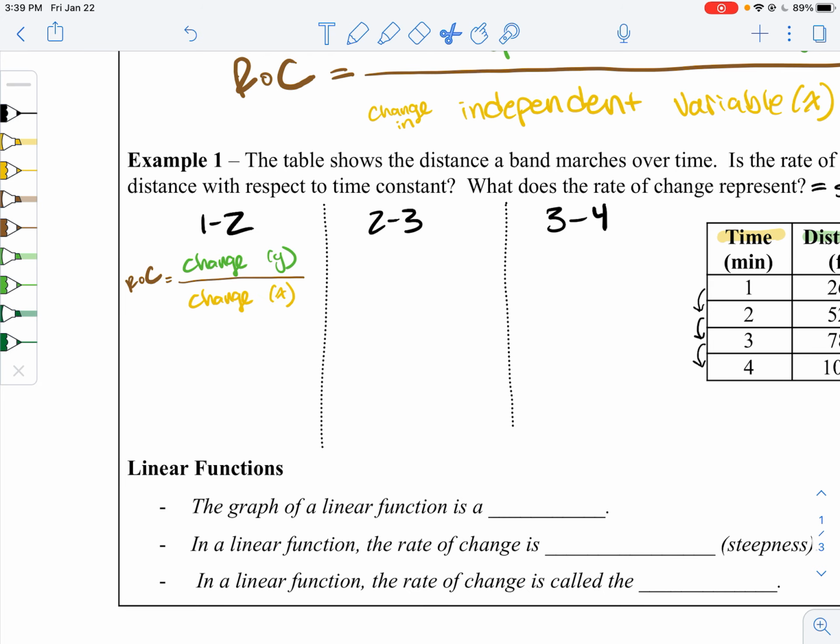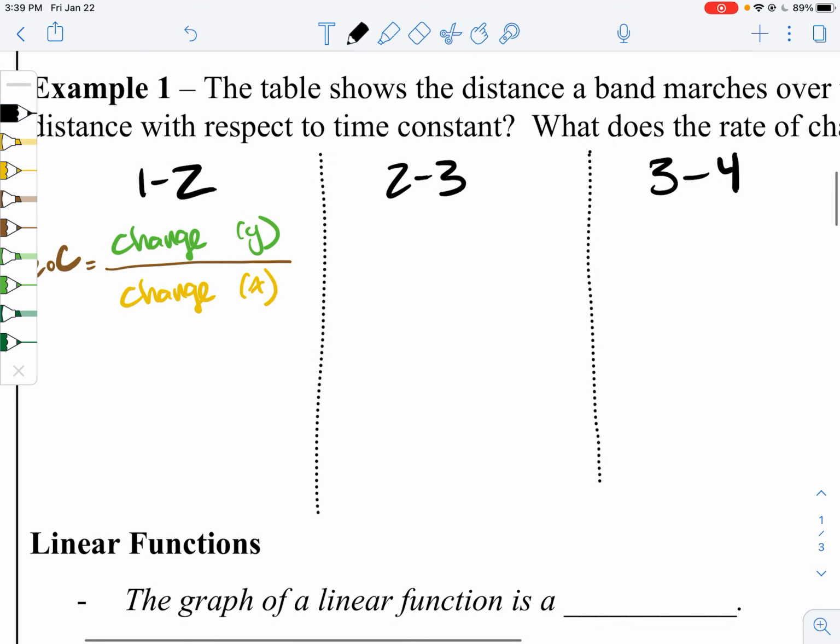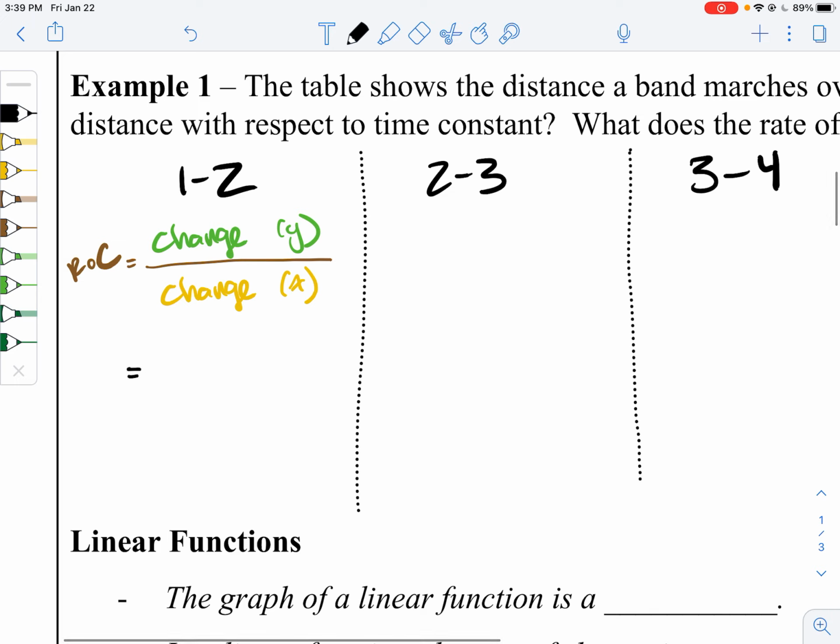Well, from 1 minute to the next, our distance changes from 260 to 520. So to find out how big of a change that was, that's 520 minus 260. And then our time changed from 1 minute to 2 minutes.